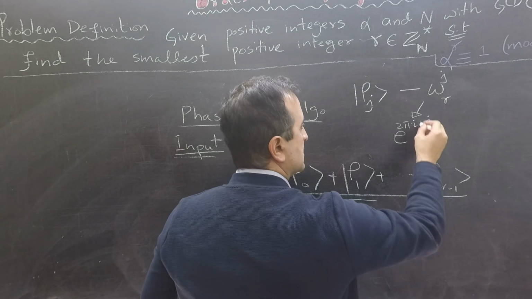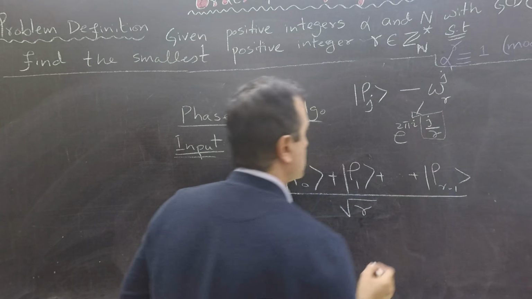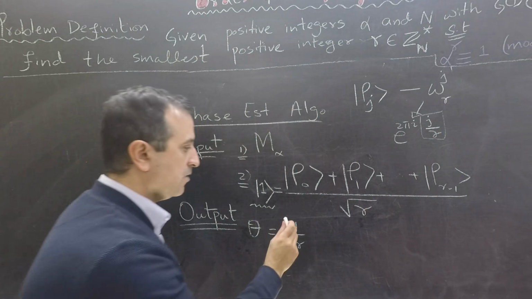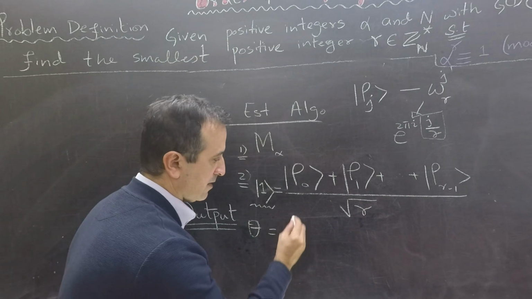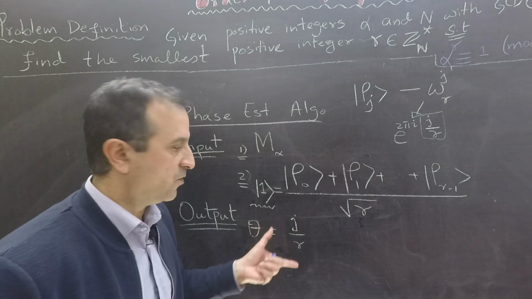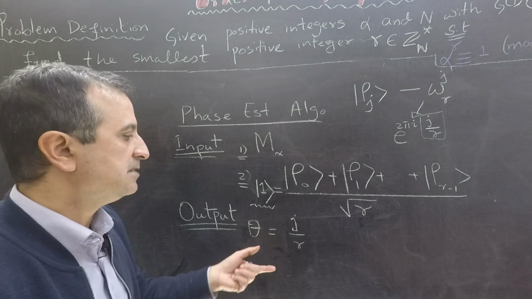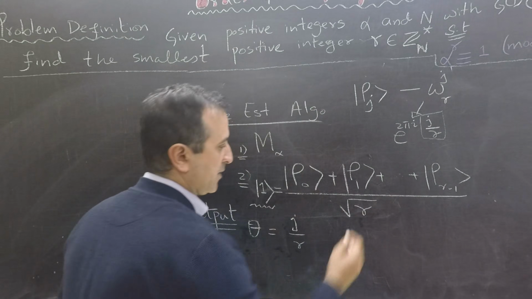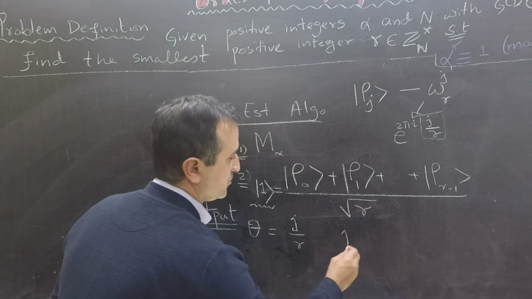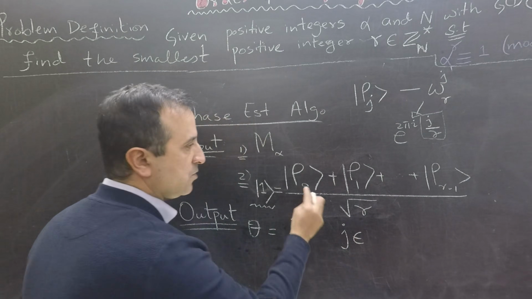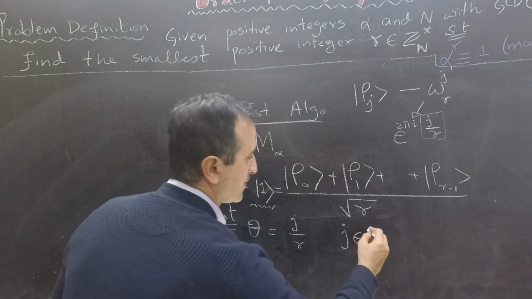So this thing is our theta. So in this case, I will get the answer of j over r, and I don't know the value of j. j is uniformly distributed from 0 to r minus 1.